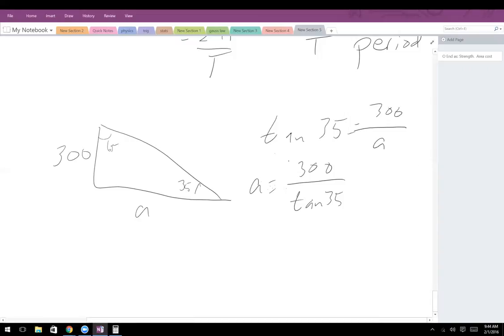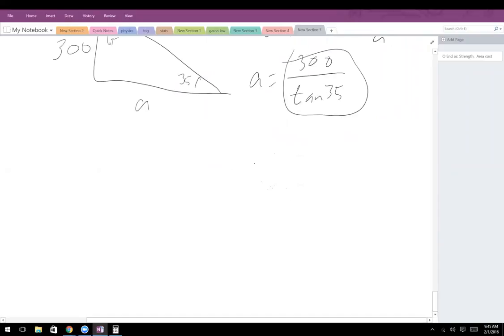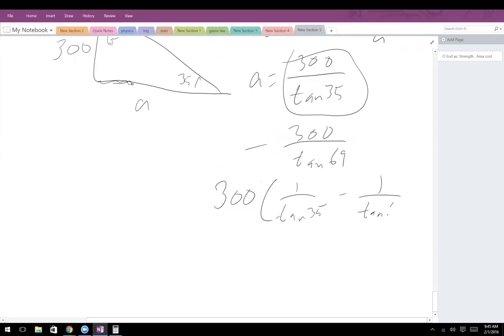Okay, so let's just stick with that though, and then 69 for the other one. So we're taking off 300 over tangent of 69, right? So altogether you just got 300 times 1 over tangent of 35 minus 1 over tangent of 69.